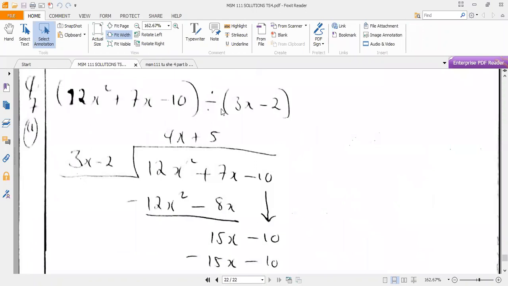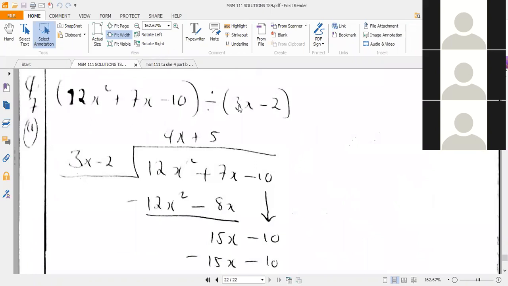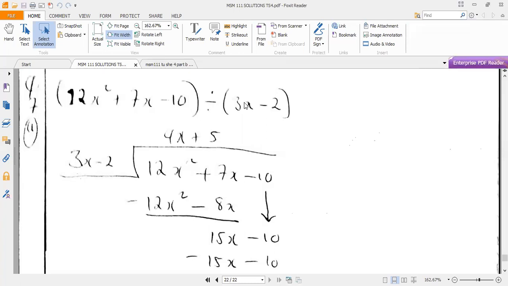Yeah. So now, like I was saying earlier on, when the coefficient of x is greater than 1, if the coefficient of x is not 1, just keep in mind to always use the long division. But if the coefficient of x is 1, you can use the long division or the synthetic division.